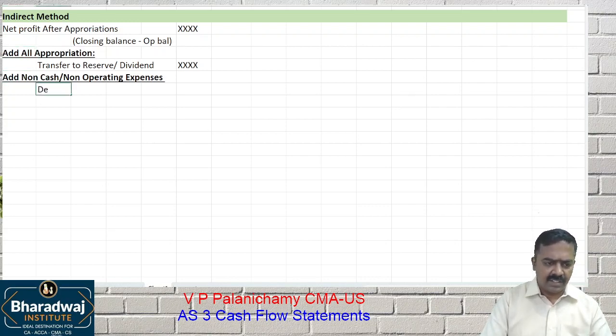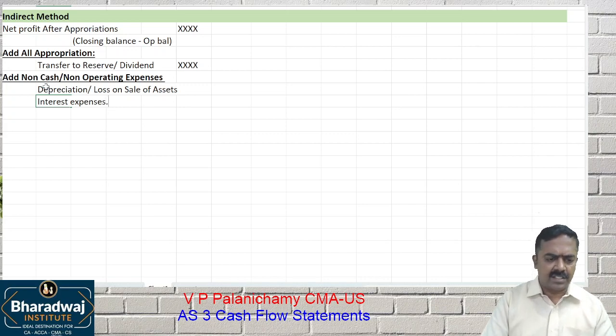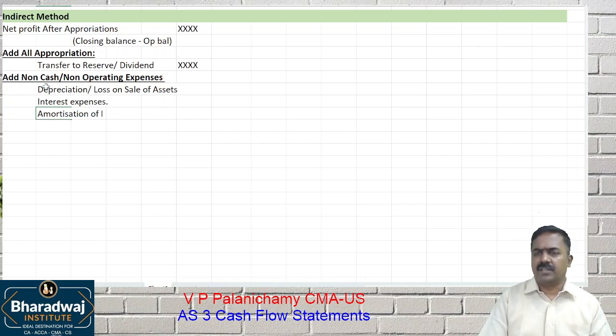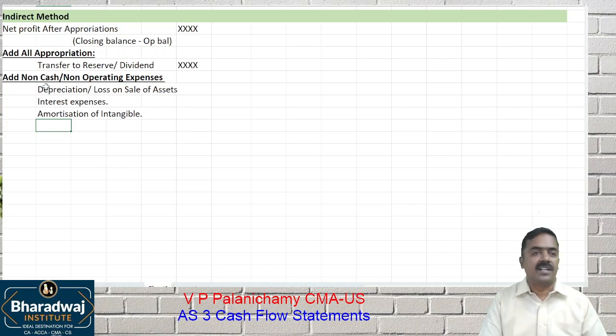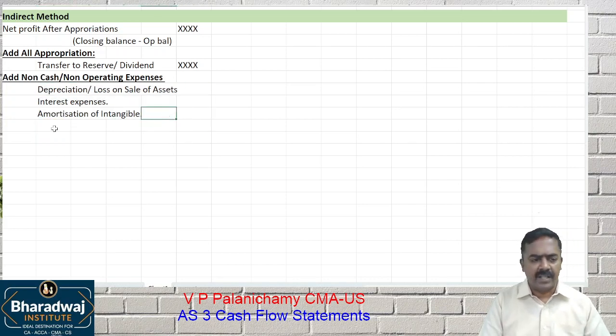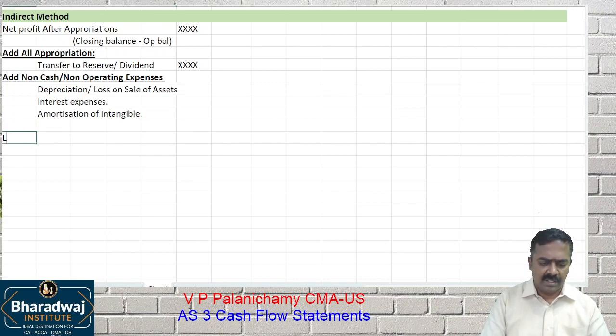Like depreciation, loss on sale of assets, interest expenses, amortization. What do you mean by amortization? Amortization of intangible assets, like goodwill written off, patent written off, those items. Add back all those non-operating items, non-cash items.